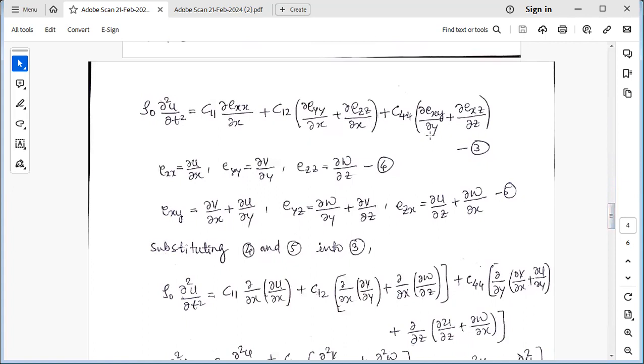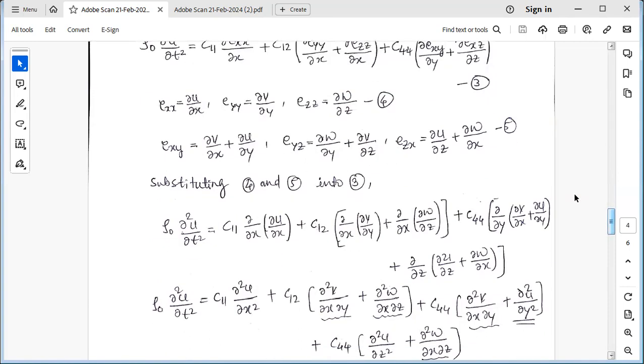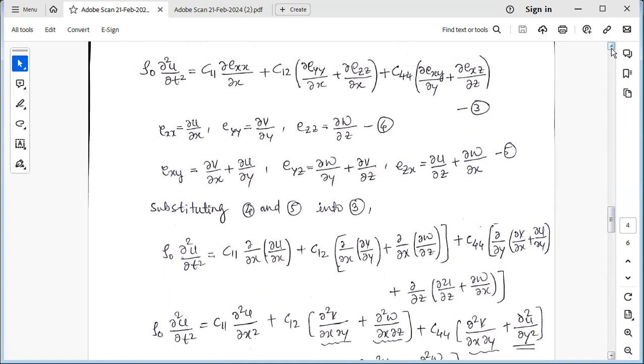So this was equation 3, and equation 4 is like this, equation 5 is like this. So you are substituting 4 and 5 into 3. So this part, no substitution on the LHS. On the RHS, C11 ∂/∂x of Exx is there.